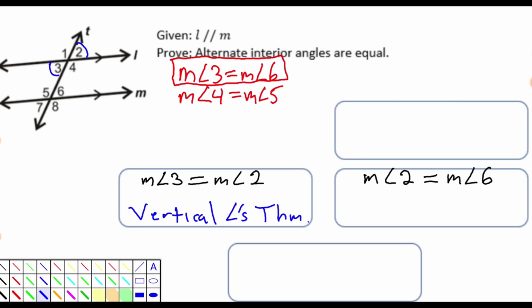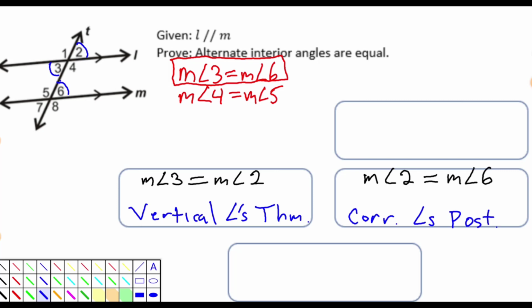And how do we know that? Well, we said angle 2 was equal to angle 6 because of the corresponding angles postulate. Remember, we did not prove this one. We just said, okay, this is given to us. We assume it's all true. So that's a postulate because we didn't prove that one. The vertical angles is a theorem because we did prove that one.